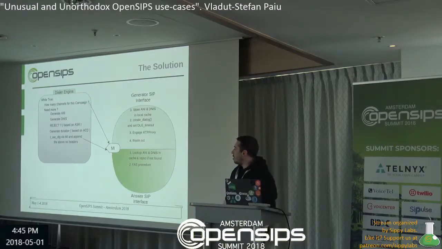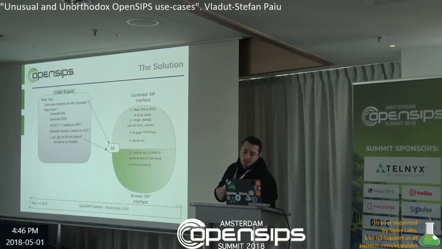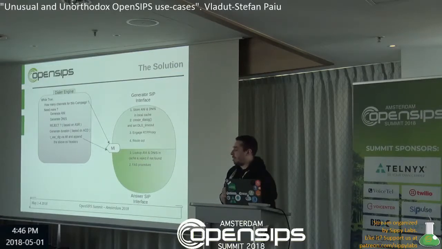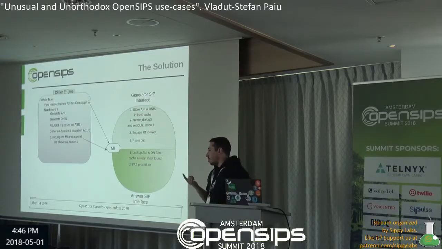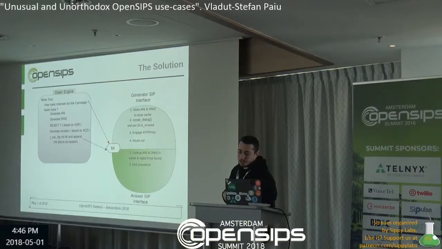So if we need more channels, we just generate an ANI from the provisioned campaigns. We generate the DNIS, again, in my example it was France Orange. We decide if we should reject that call or not, because normally looking traffic, if it has 50% ASR, then 1 in 2 calls need to be rejected. So you also have to take this into account.